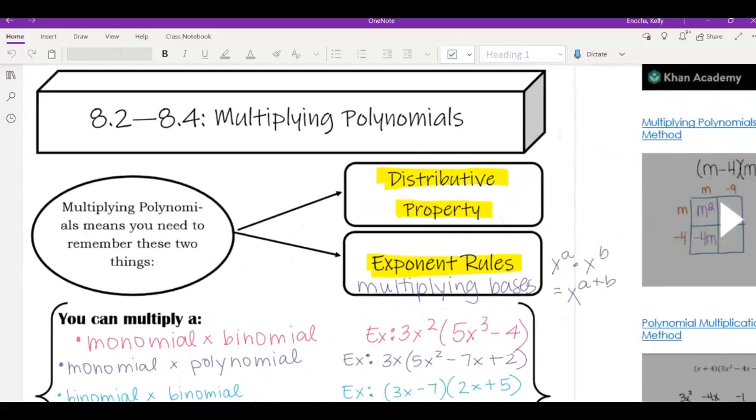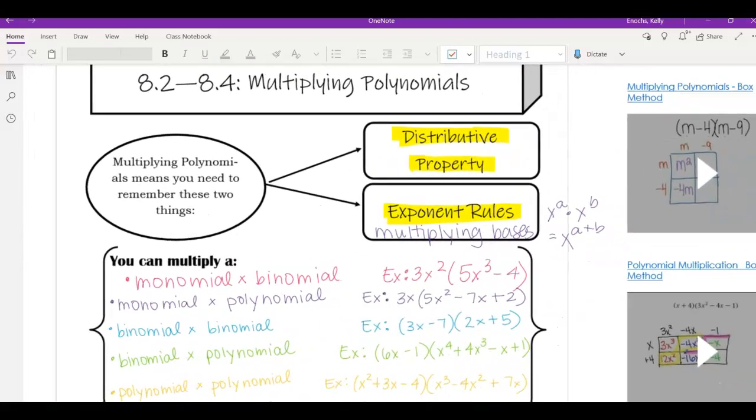So first, if we take a look at multiplying polynomials, again, we already talked about this. Basically, all you need are two things. You need your distributive property and you need your exponent rule for multiplying bases. So if you have any base to a power times that same base to a power, you're going to add your two powers together. That's really the only thing you need. That means you can multiply any sets of polynomials times polynomials.